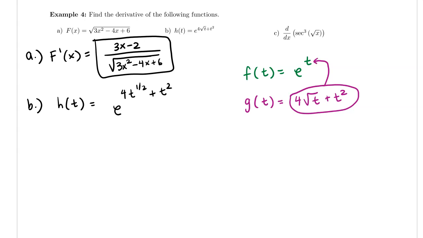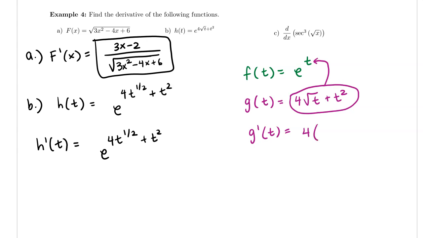So if we're taking the derivative h prime of t, then we would take the derivative of the outer function, which when we take the derivative of e to the power of t, remains the same. So my exponent is going to remain the same. And then I need to multiply by the derivative of our inner function. So maybe off to the side here, I'm going to figure out what g prime of t is.